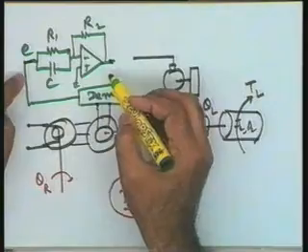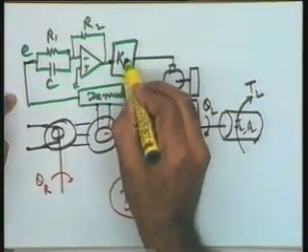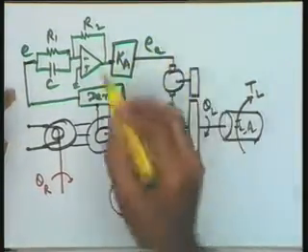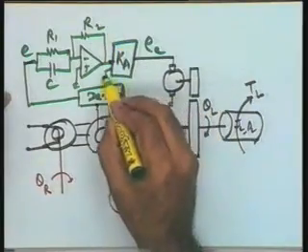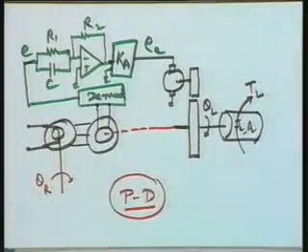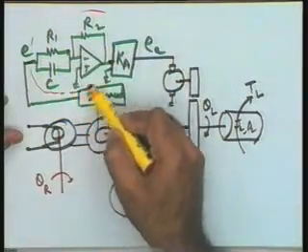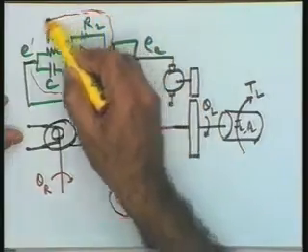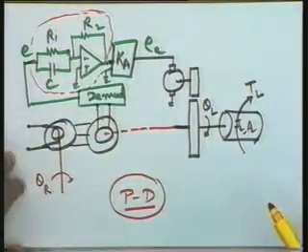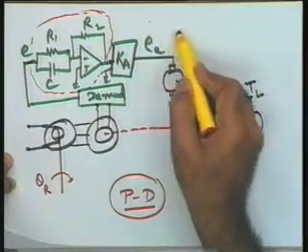I leave this as an exercise to you: here if I have an amplifier Ka, with output Ea, this gives the complete block diagram of the system. However, one point I am leaving pending to you: when you take up the transfer function of this portion, a negative sign will be introduced. Please take care of this.